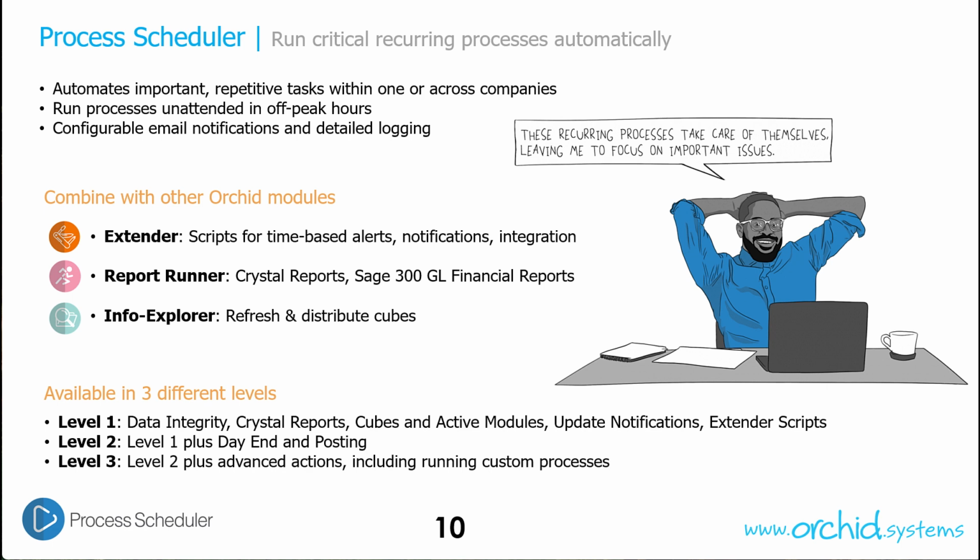And Level 3 contains Level 1 and Level 2 actions, as well as more advanced actions like running custom processes, opening and closing a fiscal period, and GL consolidation automations for the export and import.